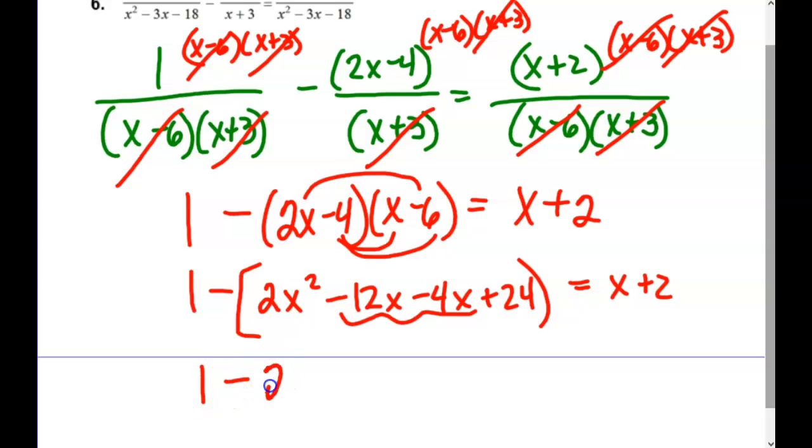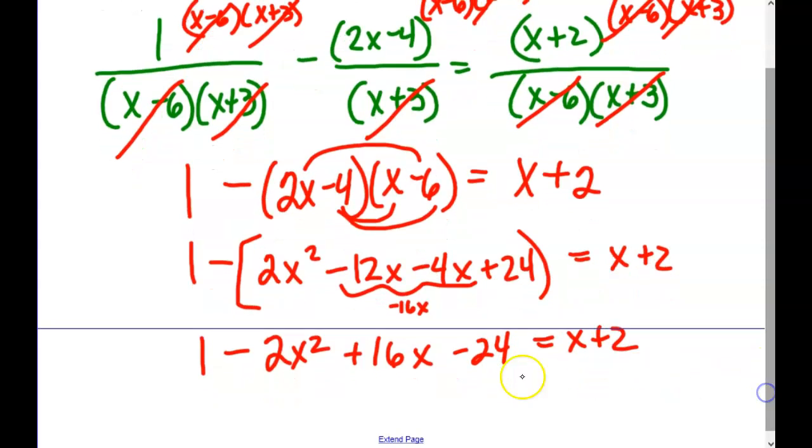I'm going to have 1 minus 2x squared. This was a negative 16x, which I'm now multiplying by a negative 1. And then I'm multiplying the negative 1 to the 24 back here. So this side has a negative 2x squared, a 16x, and a negative 23 when I combine like terms.